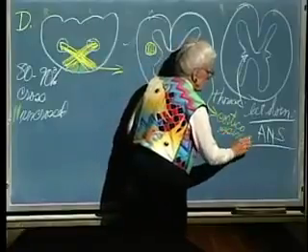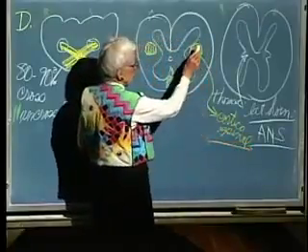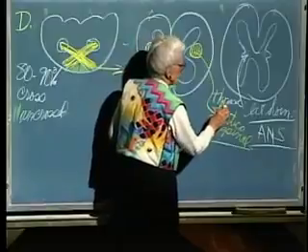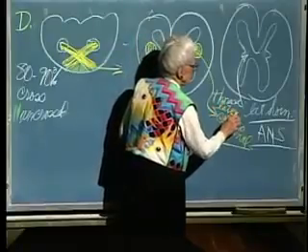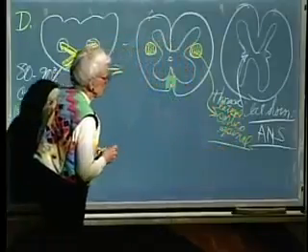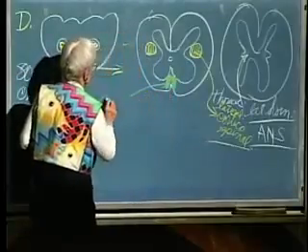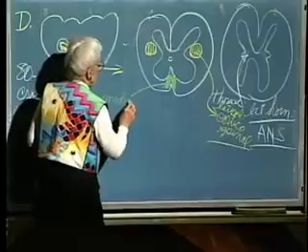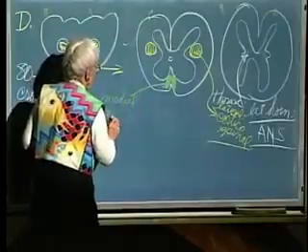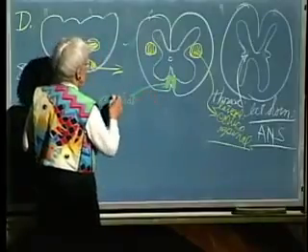But we could add a definition to it, where it is, a location, so we'll call it the lateral cortical spinal tract. And this one becomes the medial cortical spinal tract, or anterior.